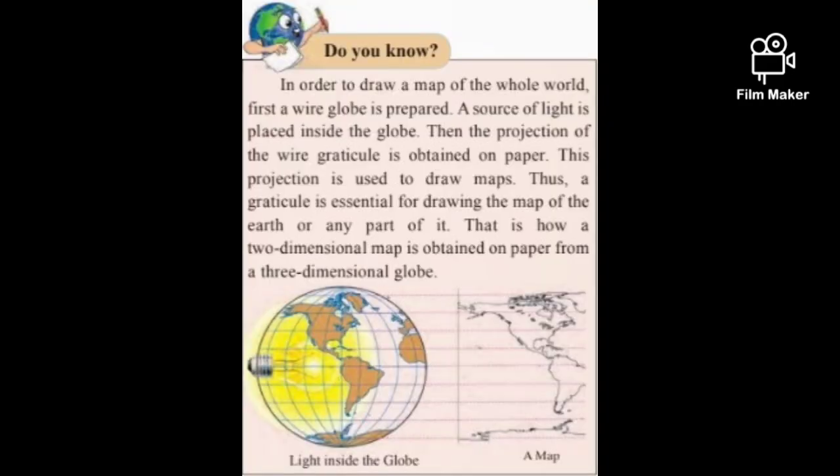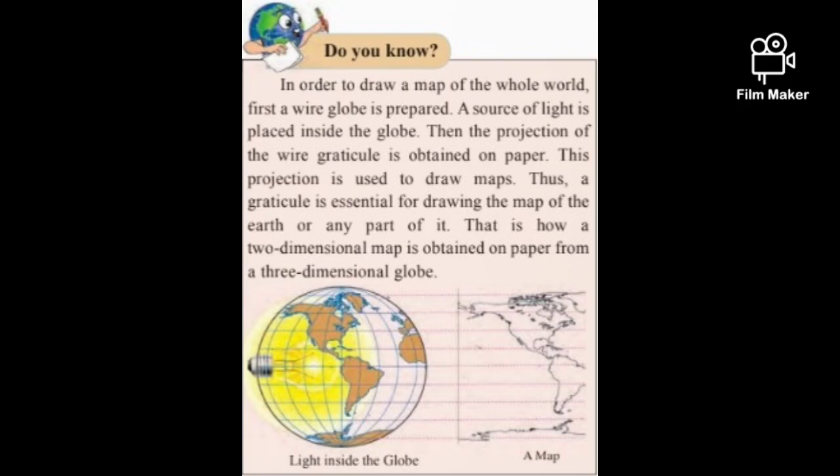Now, see page number 17. There is this picture of how to draw a map with the help of a globe. It's shown here in Do You Know. Here you can see a globe, children, and there is a light placed on the globe.